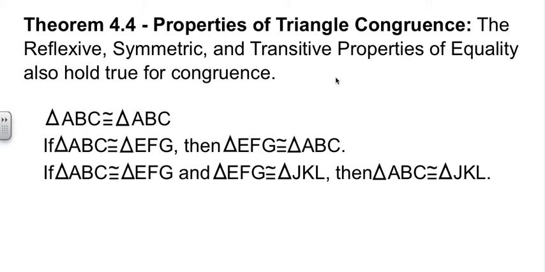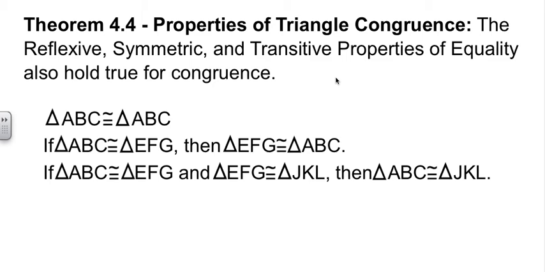One last theorem to throw at you. And that theorem is theorem 4.4, and it's one similar to a couple of theorems we've had before. When we've talked about angles and we talked about segments before, we said the reflexive property still works, the symmetric property still works, and the transitive property still works.